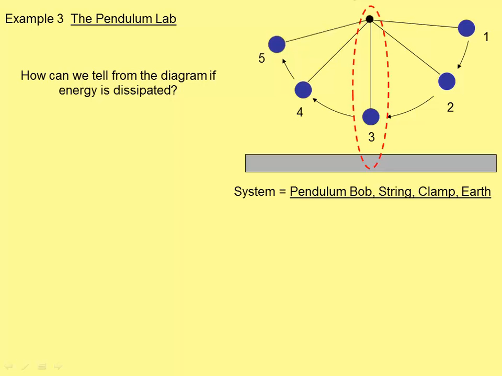Look at position 1 and look at position 5. Do you see how 5 is lower than 1? Yes. Position 5 is lower than 1, so indeed there will be some dissipated energy here. If there wasn't dissipated energy, it would have to end up just as high as it started so that it could equalize the E_G finally as it had initially.